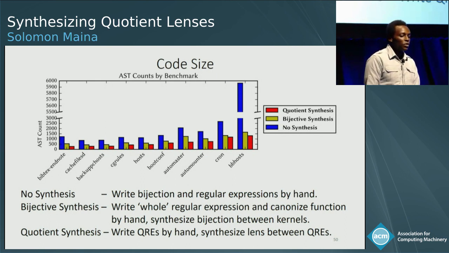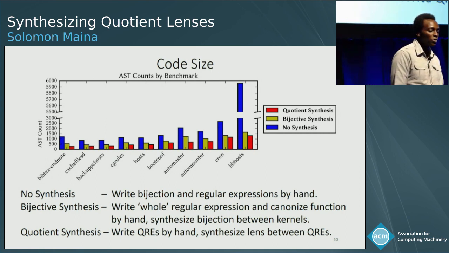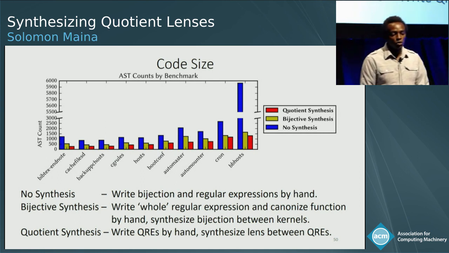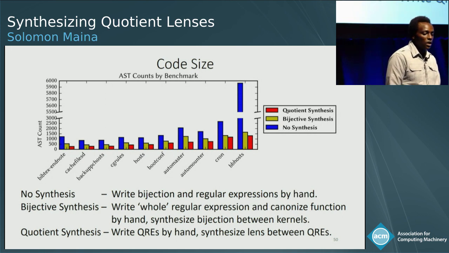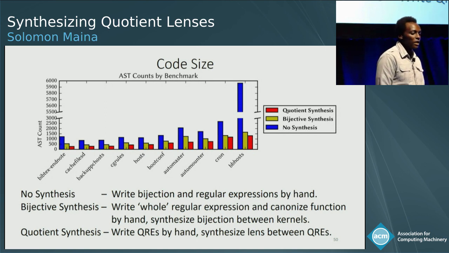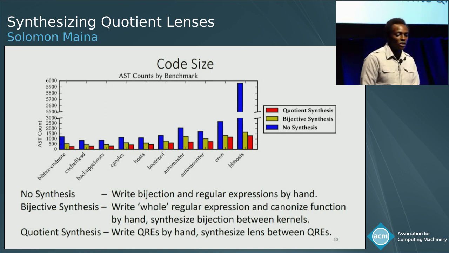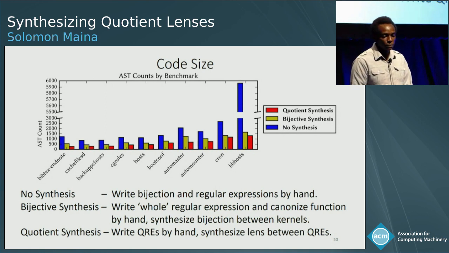For this graph, lower is better. We want fewer AST nodes, since fewer AST nodes means a smaller program, and we want to have smaller programs. This is one of the challenges with programming with combinators. We oftentimes have big programs that are very easy to mess up.